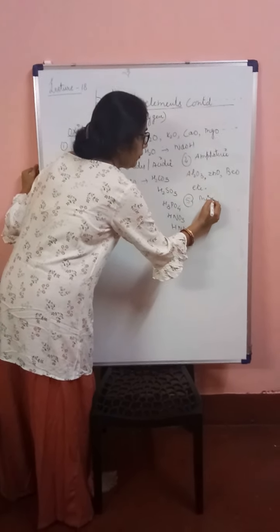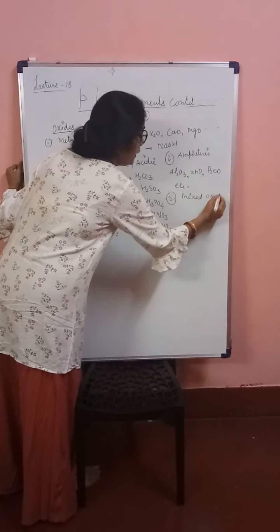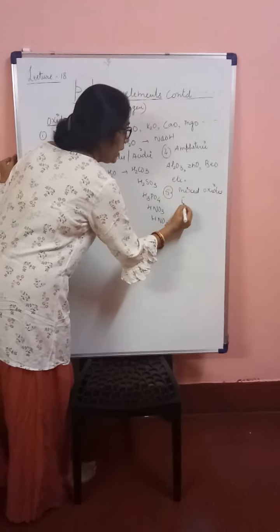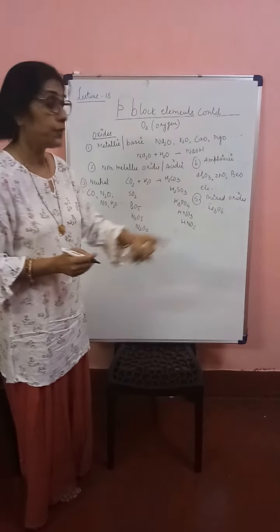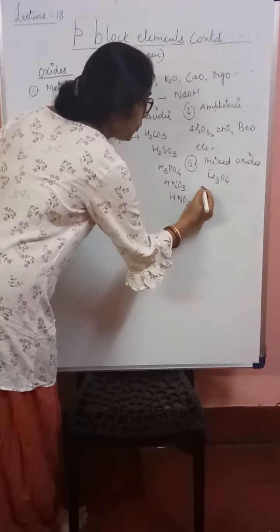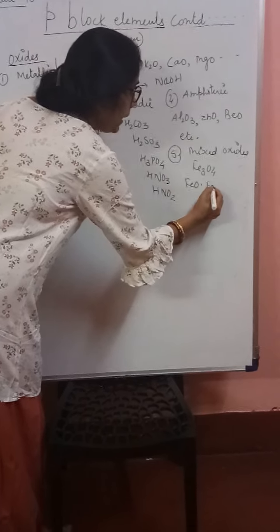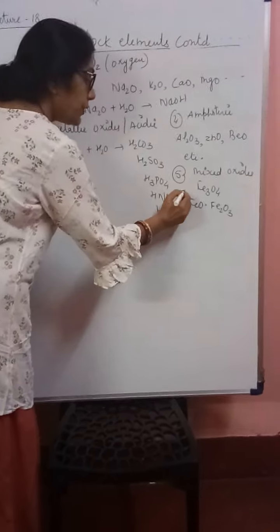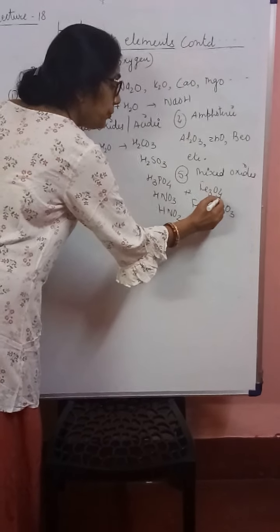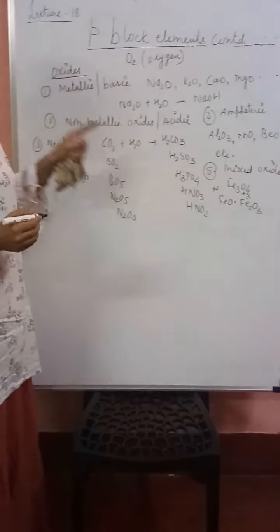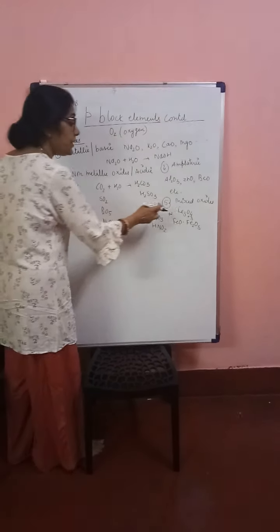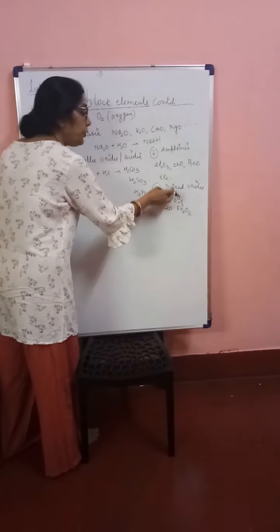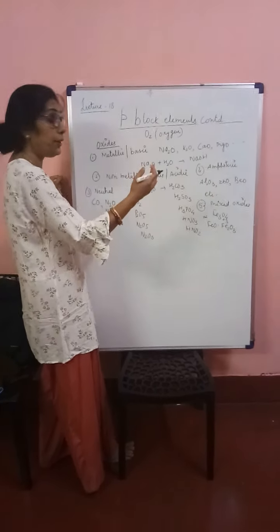Then mixed oxide. See some examples like Fe3O4, ferrosoferric oxide. And why is it called mixed oxide? Because it is made up of FeO.Fe2O3. In ferrous, the oxidation state is +2, whereas in ferric it is +3. For ferrosoferric oxide, the average oxidation state: 3x plus 4 into -2 is equal to 0, so x is +8 by 3.